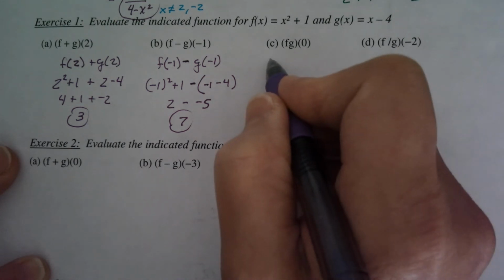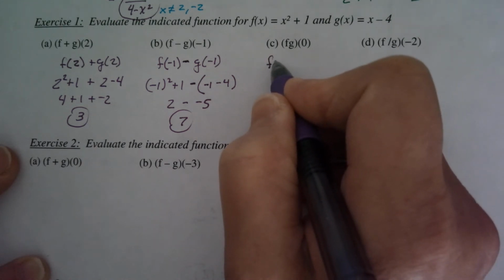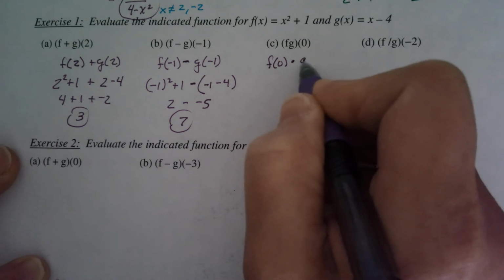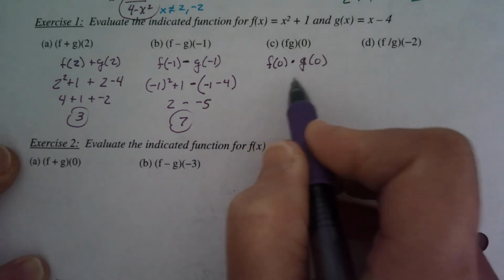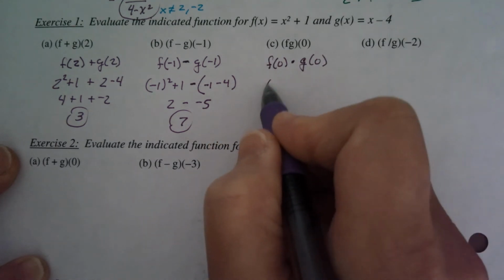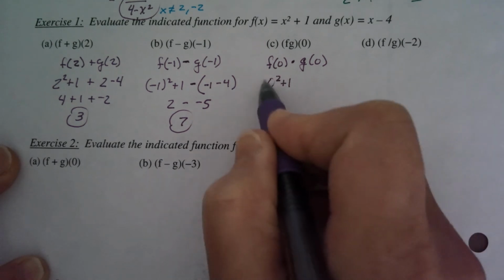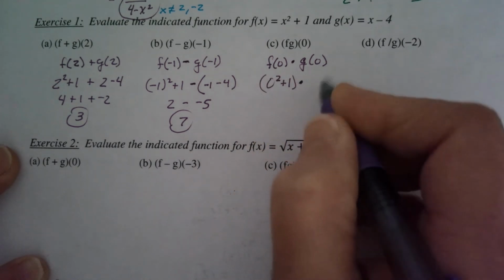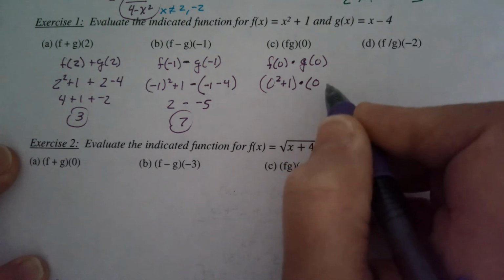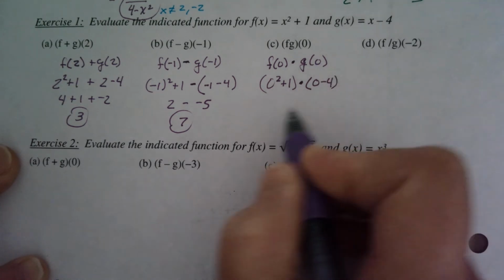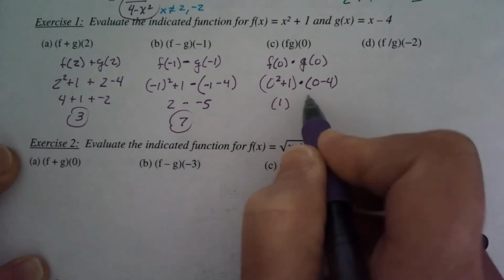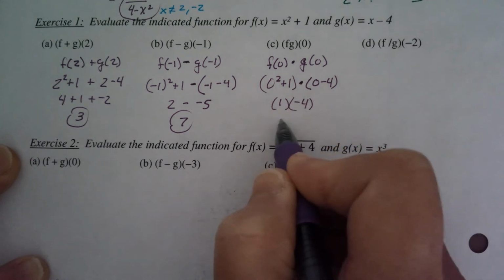Fg of 0 is equivalent to f of 0 times g of 0. F of 0 is 0 squared plus 1 times g of 0, 0 minus 4. That's 1 times negative 4, which is negative 4.